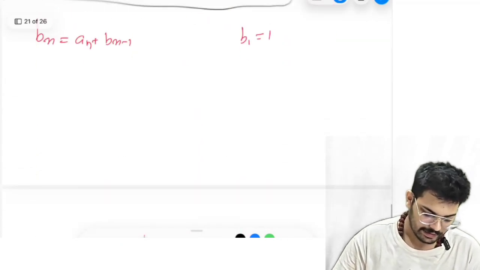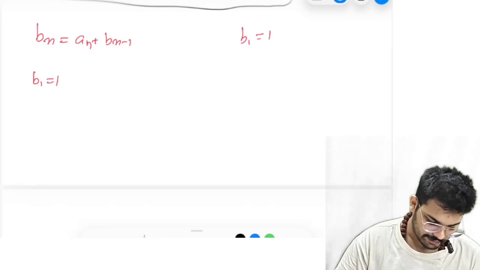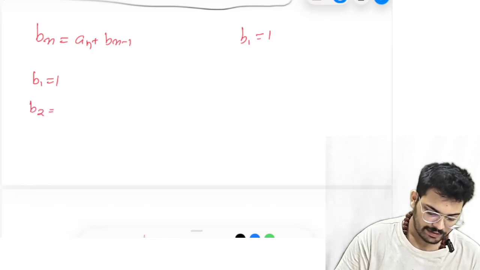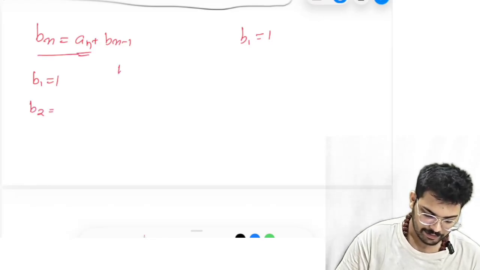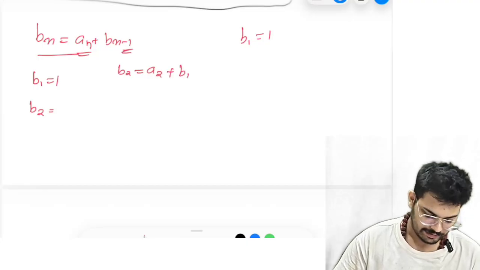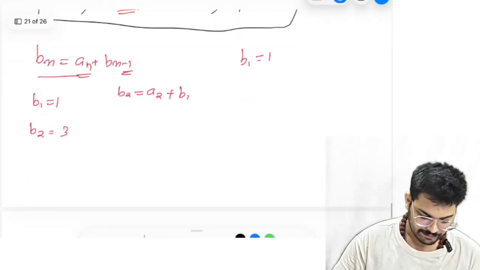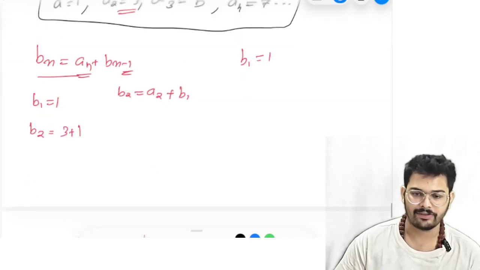Therefore, we will be calculating the general term for b. b1 is already given as 1. b2 will be equal to a2 plus b1. The a2 value is 3, and b1 value is 1, so that is 1 plus 3.